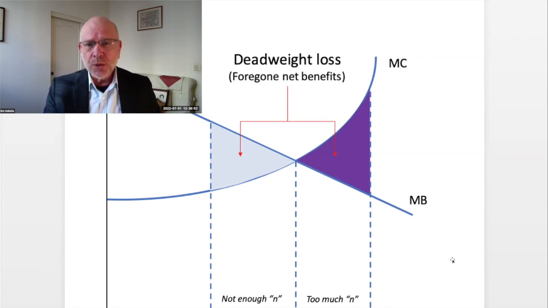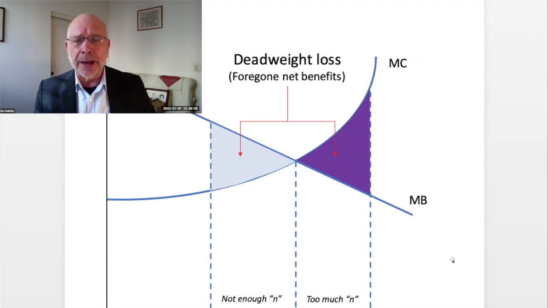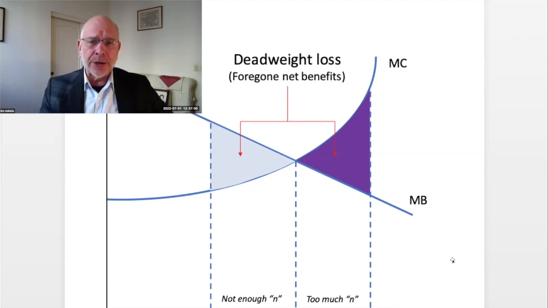But we can use the graph for thinking in a reasonably consistent and precise and analytical manner. And it can also guide our data analysis. So in this particular graph, what we have is marginal benefit curve declining, as we see here, and a marginal cost curve rising, as we see here.